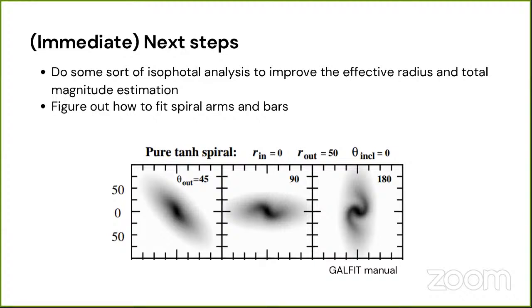And I'm also going to read the very lengthy section of the manual that talks about how to fit bars and spiral arms, to see if I can fit those two galaxies that I showed you that had a substructure. And that's all.